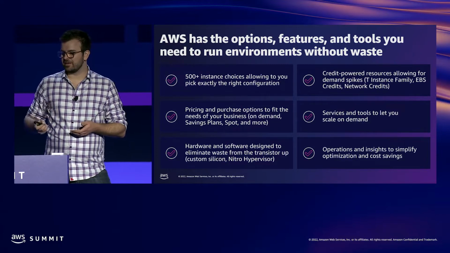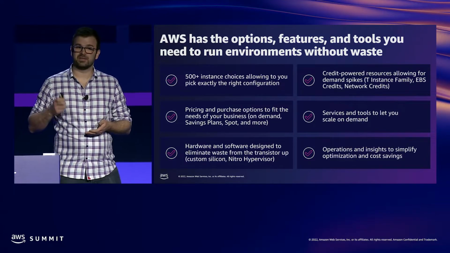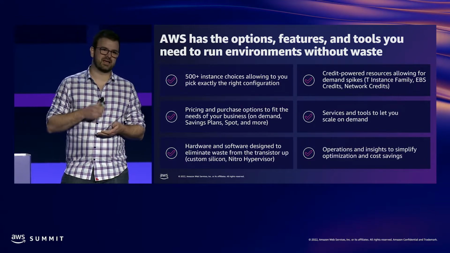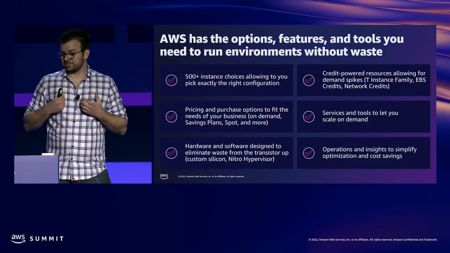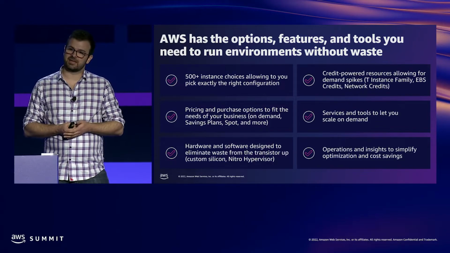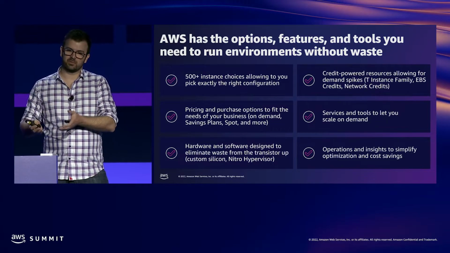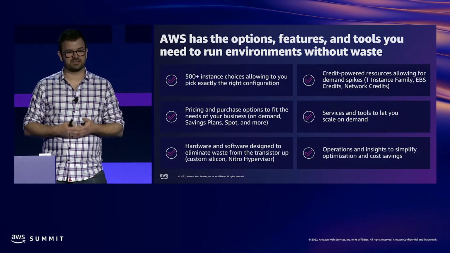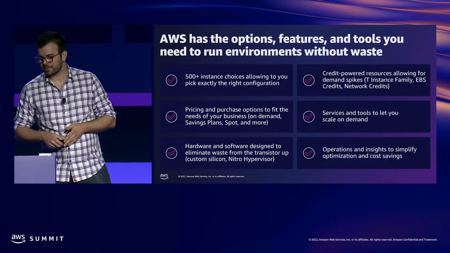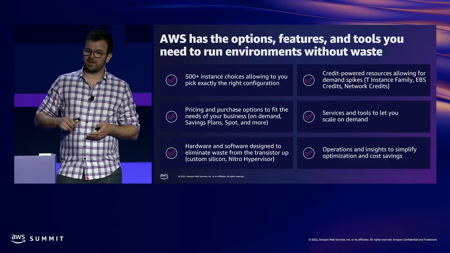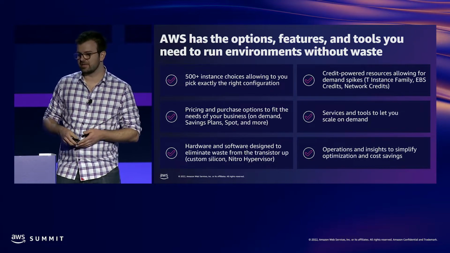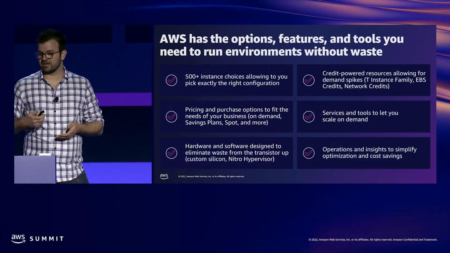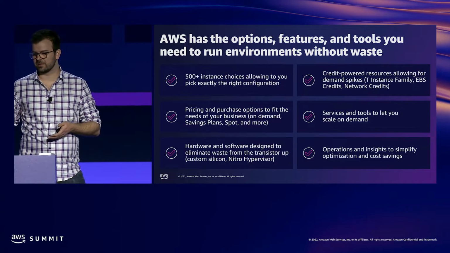To really eliminate waste, you need enough options to exactly match your needs, because not everyone's needs are the same, and your waste might be somebody else's important business task. So in order to provide an infrastructure that allows customers to run with zero waste, you need to provide enough servers that can match your customers' requirements.